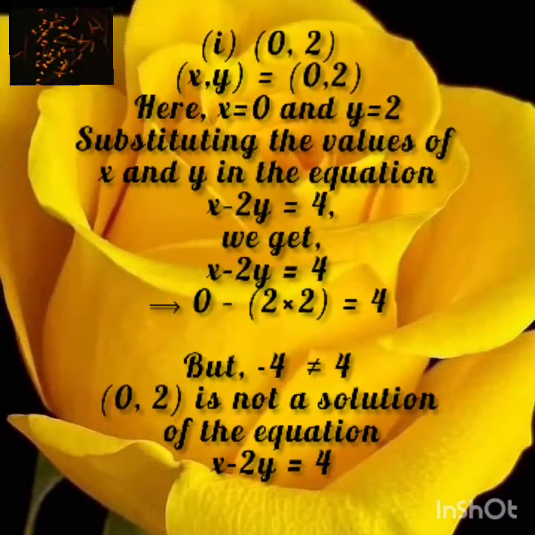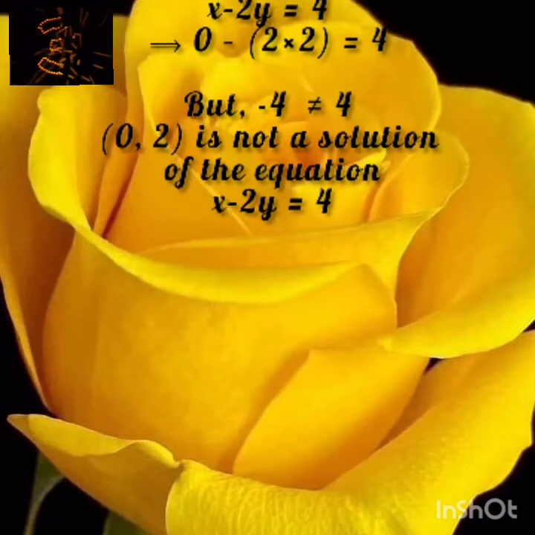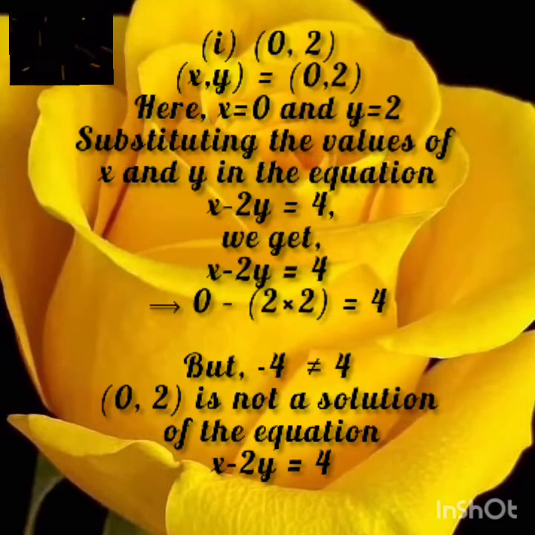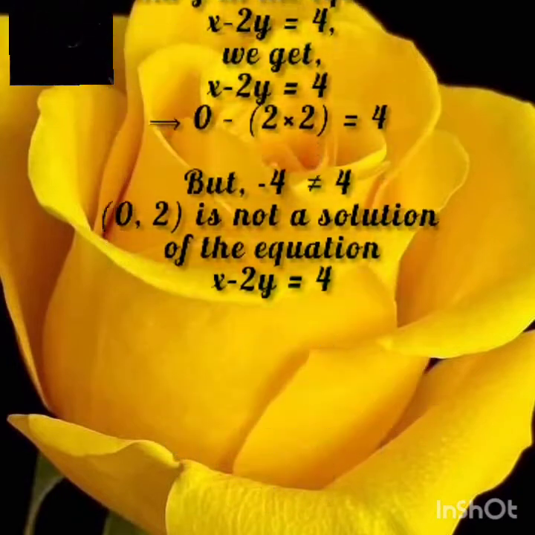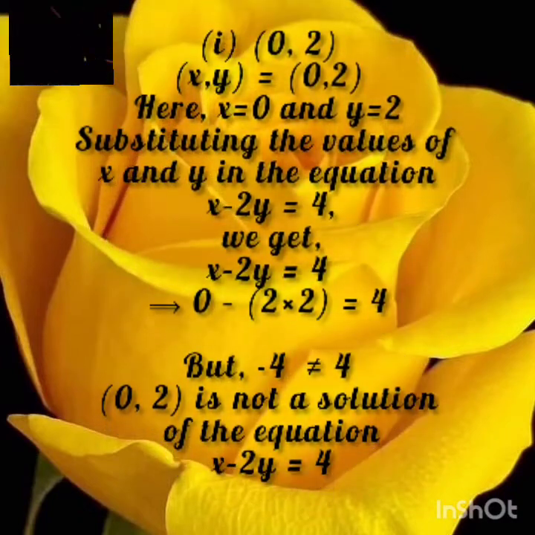So what is our given equation? The equation is x minus 2y equal to 4. Now in that equation, if we put x equal to 0 and y equal to 2, then we will have the answer 0 minus 4, that is minus 4.